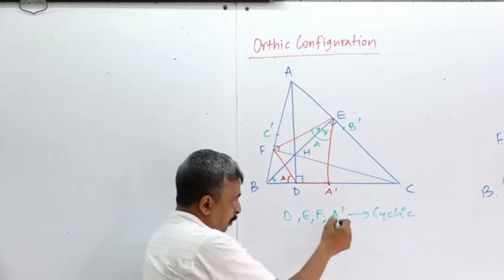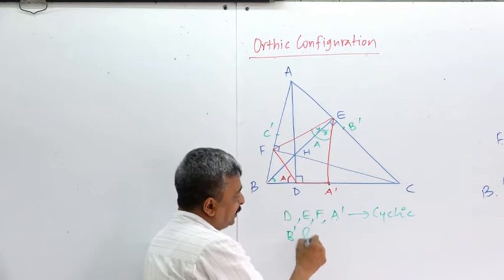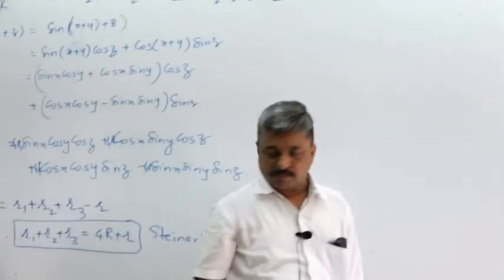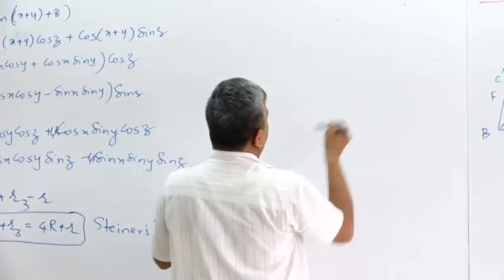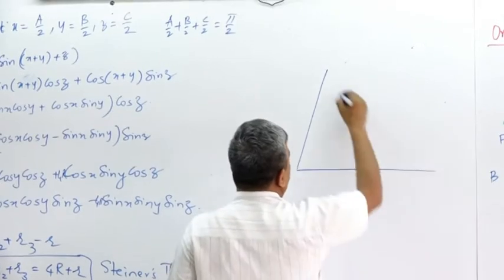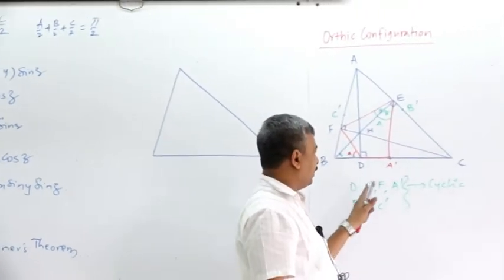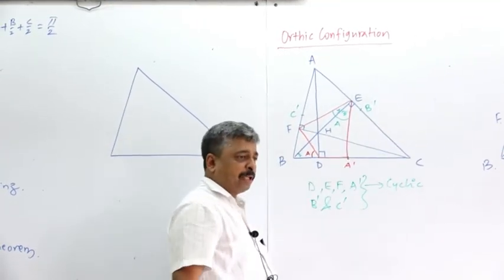So because A dash is concyclic with DEF, B dash and C dash are also concyclic with DEF. Okay. Now I want to prove that, suppose I take, which one? Last one.